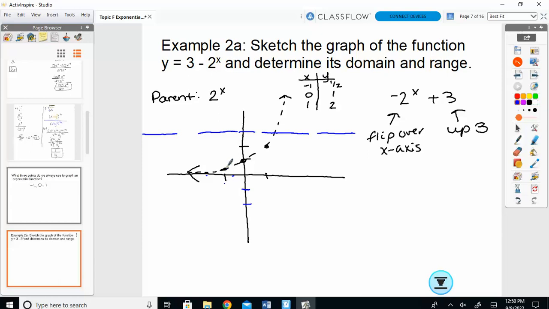So take my point, flip it over the x, and up 3. So that gives us our final graph.